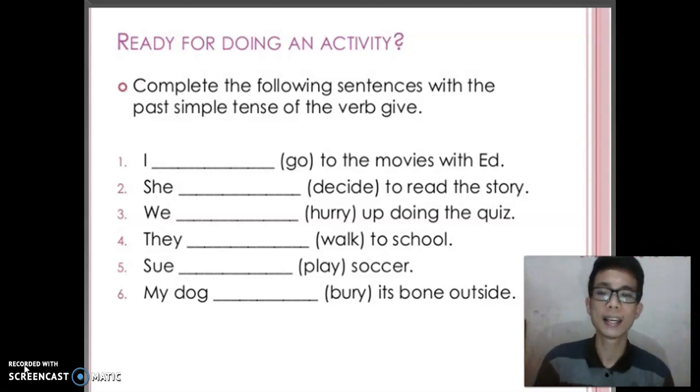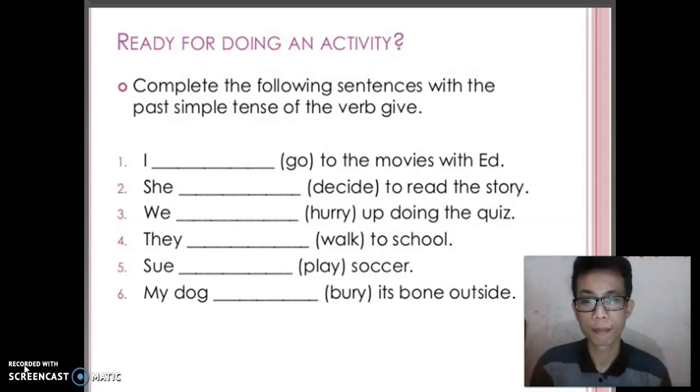And the last question is: my dog blank bury its bone outside. Here bury, do we change it or just add ed? Actually bury is a regular verb.